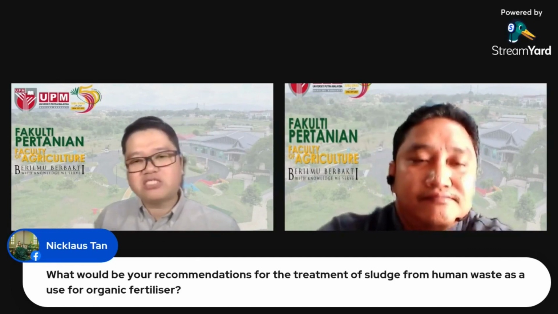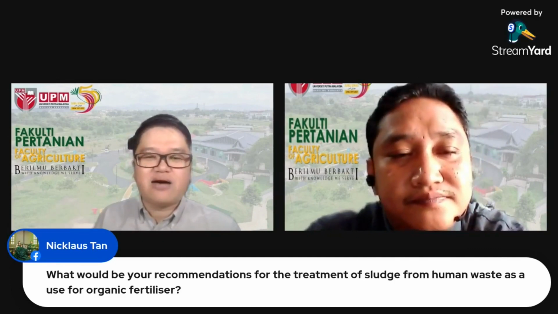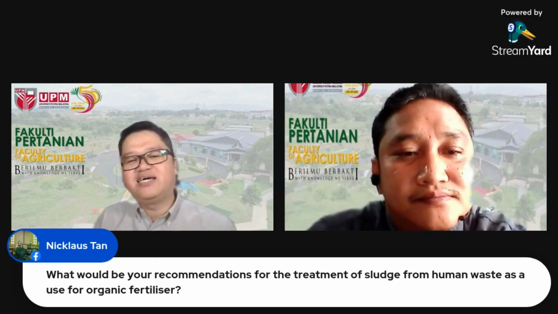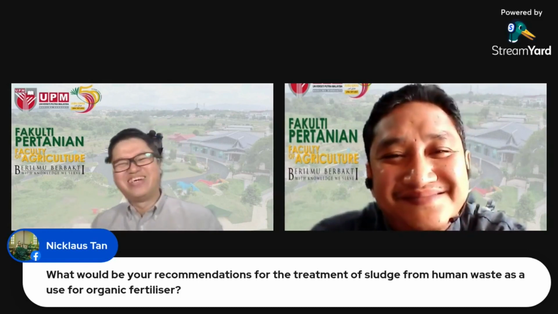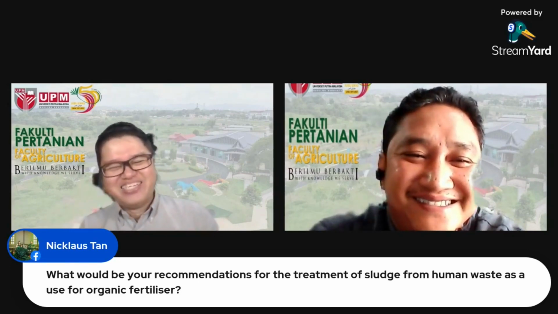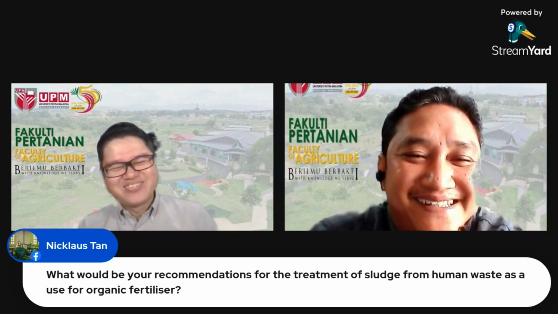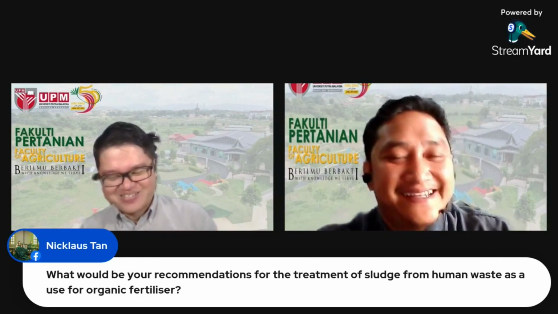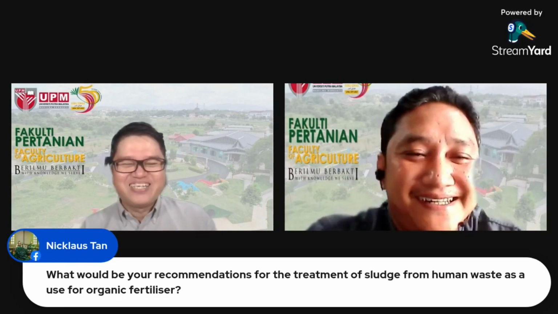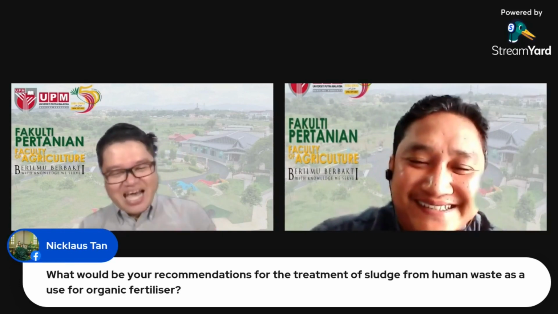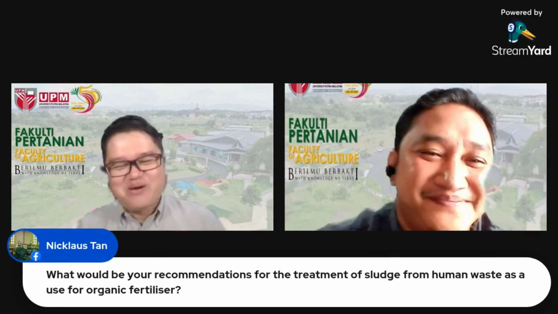But of course, being responsible, like I say, ethical farming, you have to inform your consumer what kind of organic fertilizer you're using. You have to inform, unless you use it on your own. But then again, you have to inform your family members.